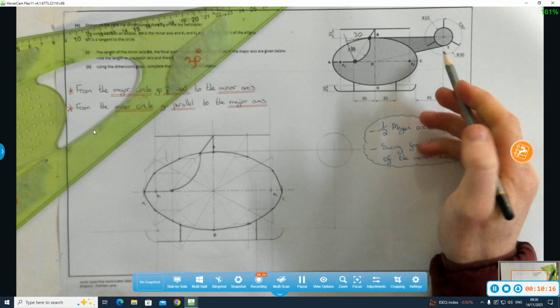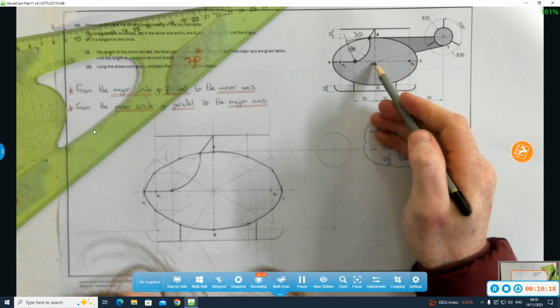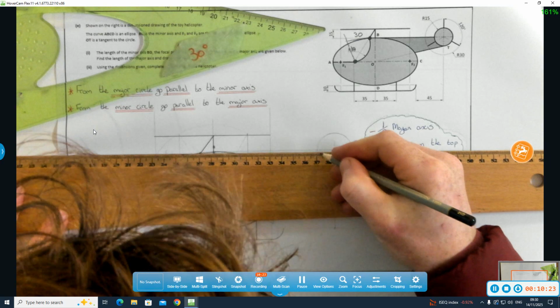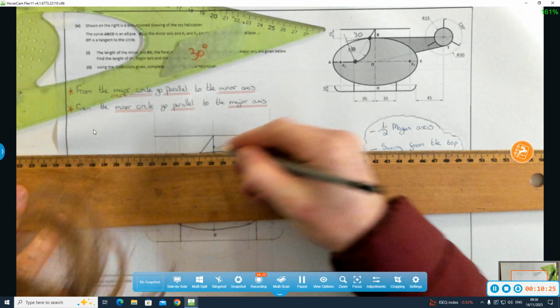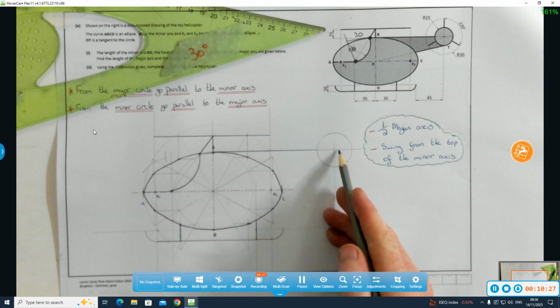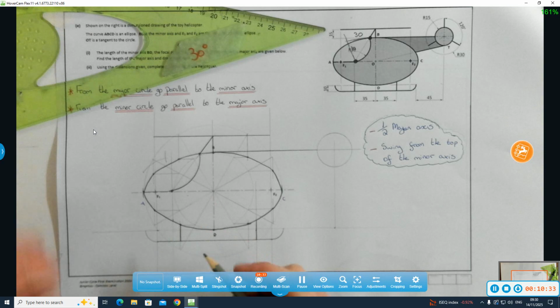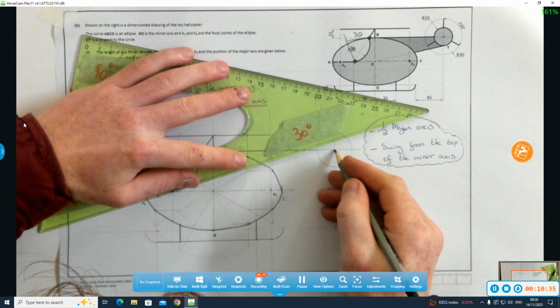Now, I'm going to focus on the tangent here next, and then I'll finish off all the detail up here, okay? Darken this in there for a moment. So, drawing a tangent from a circle to a point outside over here, okay? First thing we have to do, we have to join our centers.